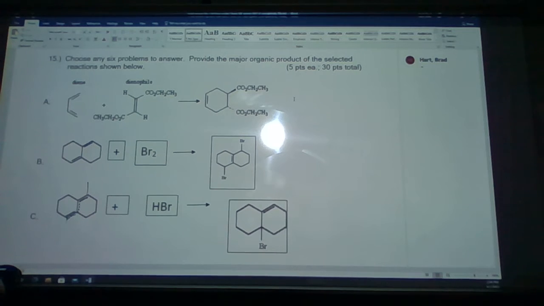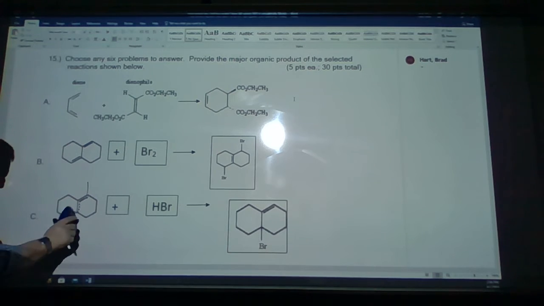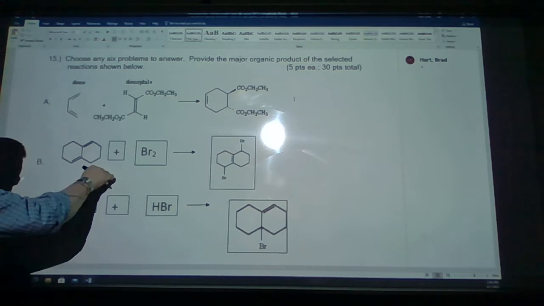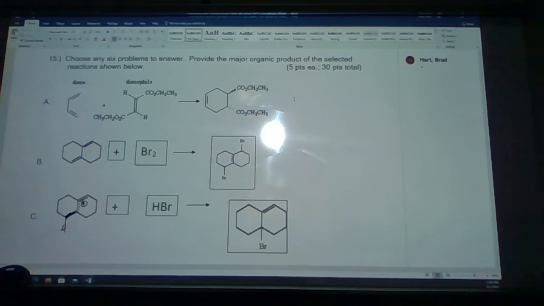For the product, let's assume that the hydrogen adds here. Therefore, we have that conjugated double bond.